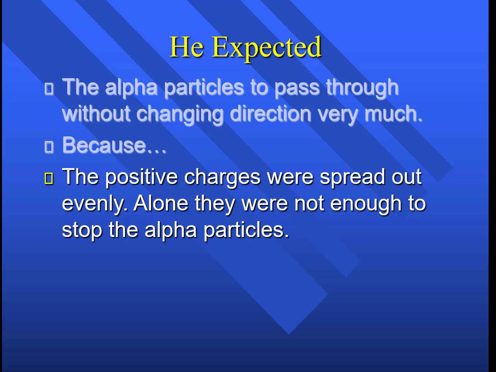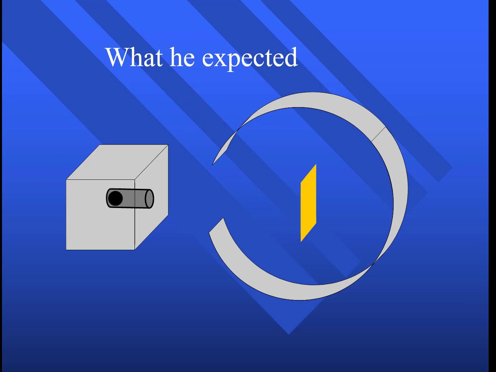And since you'd have positives spread out, it's not enough to push the alpha particles back. So the positive charges were on heavy things, so they were going to fly pretty much straight through. He's expecting to turn just a little bit.